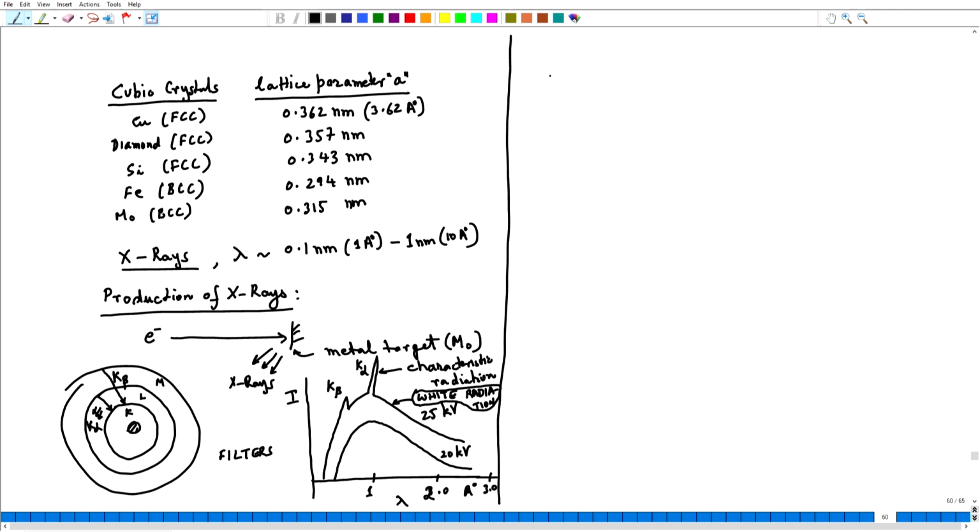Now, we will get into the theory of X-ray diffraction, starting with scattering of X-rays from atoms.